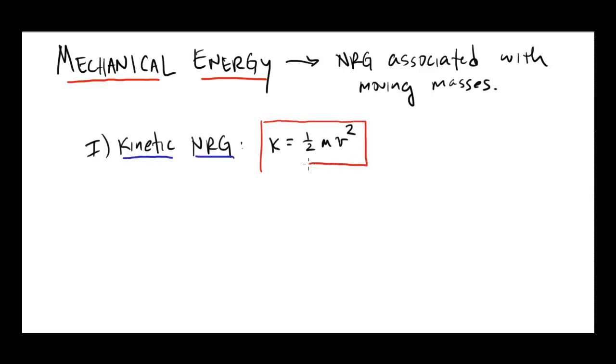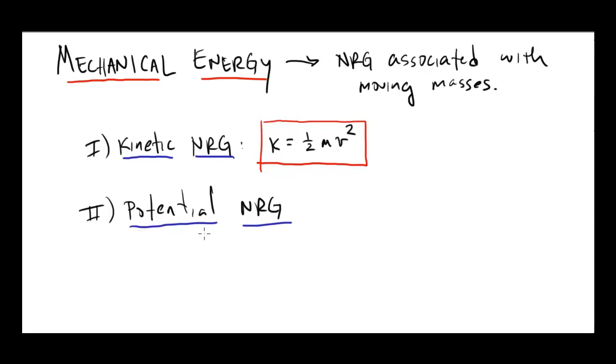But I'd mentioned that there's another form of energy, and that is potential energy. So it's possible for an object not to be moving, in other words, to have no kinetic energy, but still have mechanical energy.